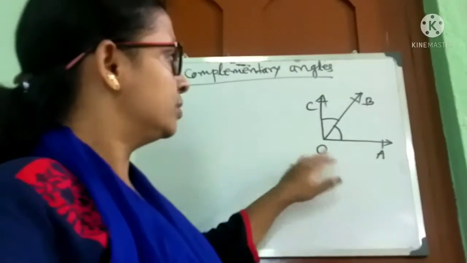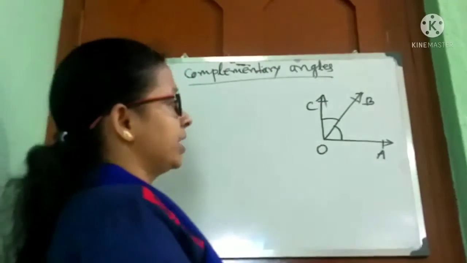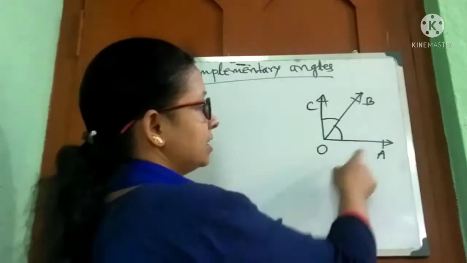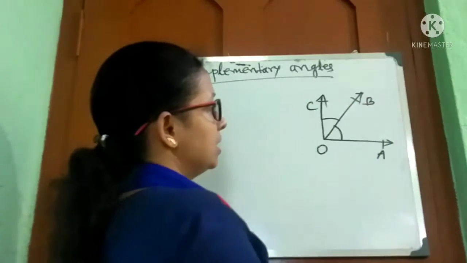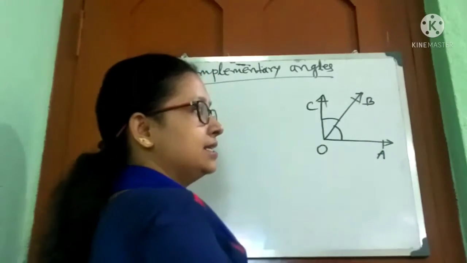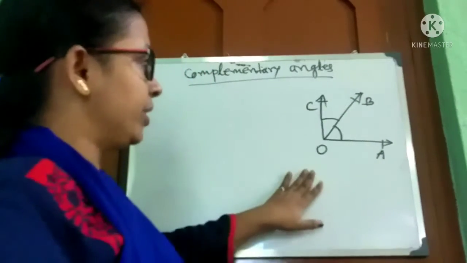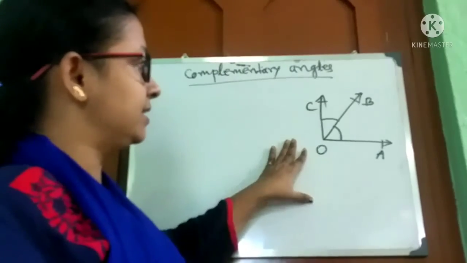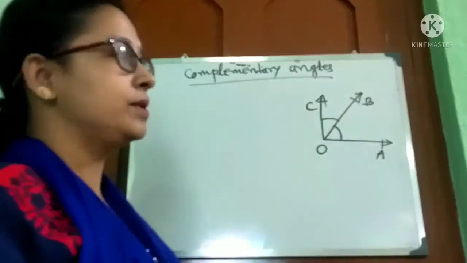Here, AOC is a right angle. In it we get two adjacent angles, AOB and BOC, and we can see their sum is also 90 degrees. When the sum of two angles is 90 degrees, we can say these are complementary to each other.